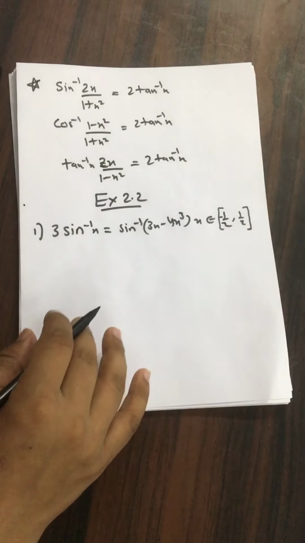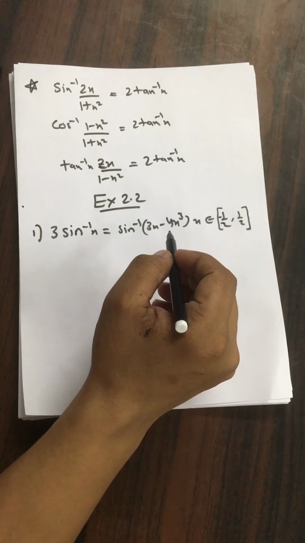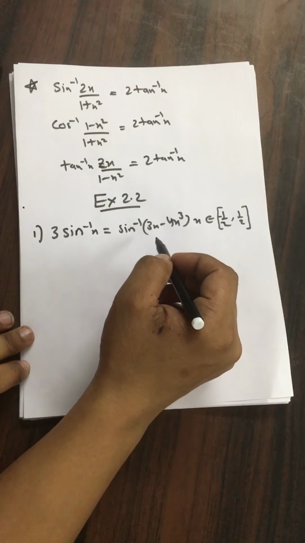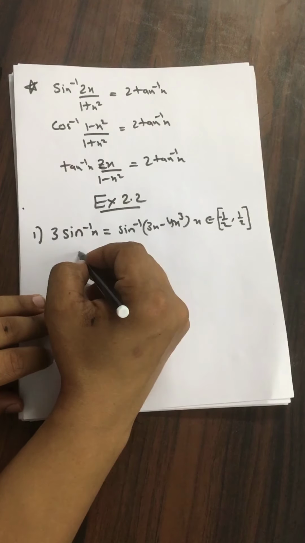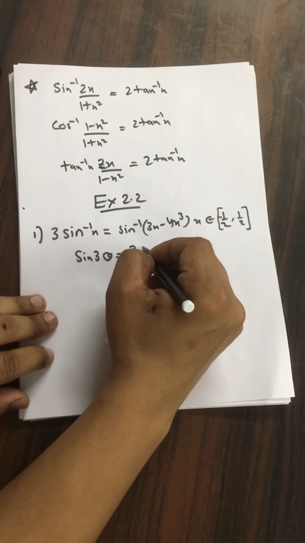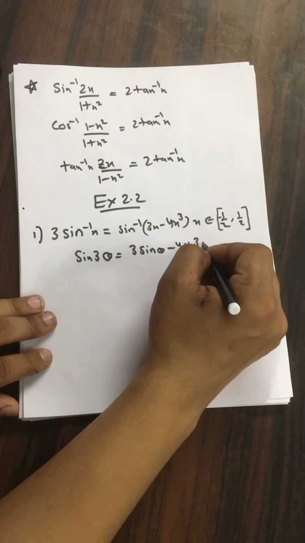Now once you see this, don't you make out that 3x minus 4x cube, you have used in class 11 also? Yes, there was a formula: sine 3 theta equals 3 sine theta minus 4 sine cube theta.